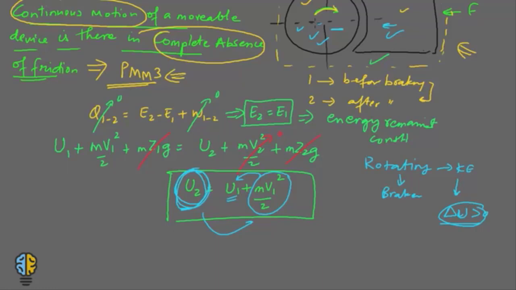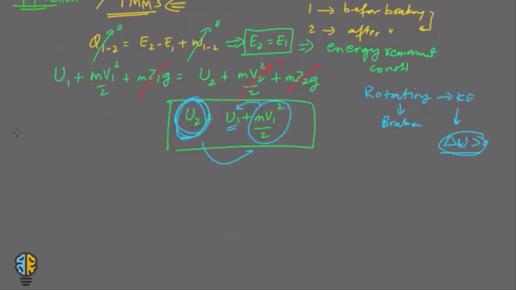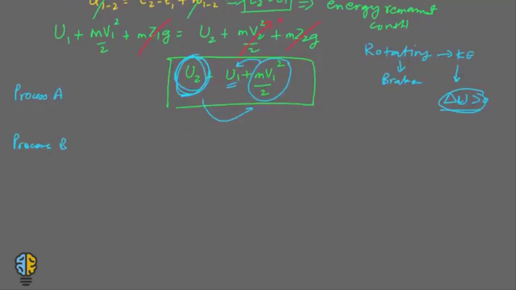Let us say this is possible, and imagine the following cycle with 3 processes: process A, process B, and process C. We'll analyze them one by one.